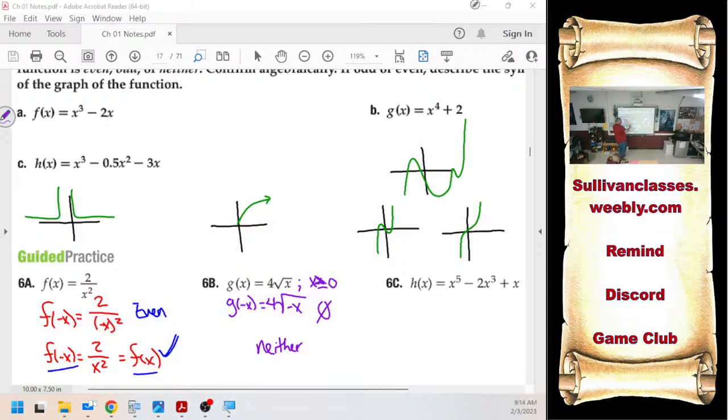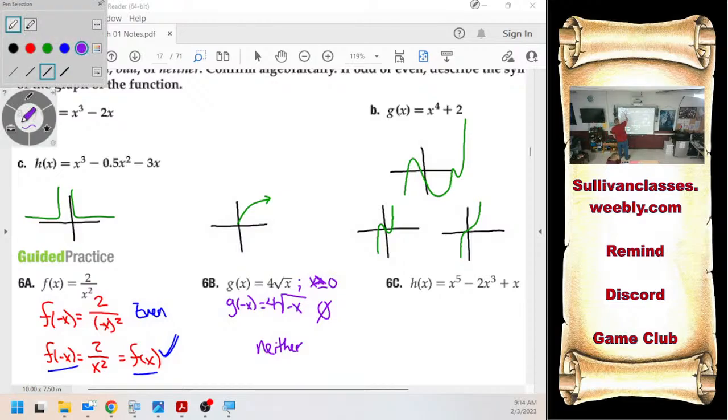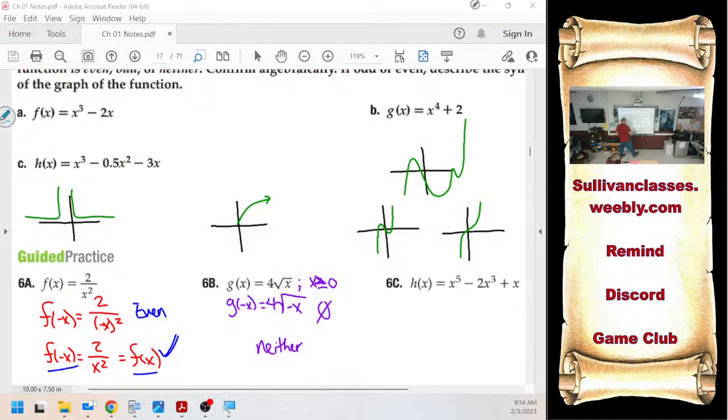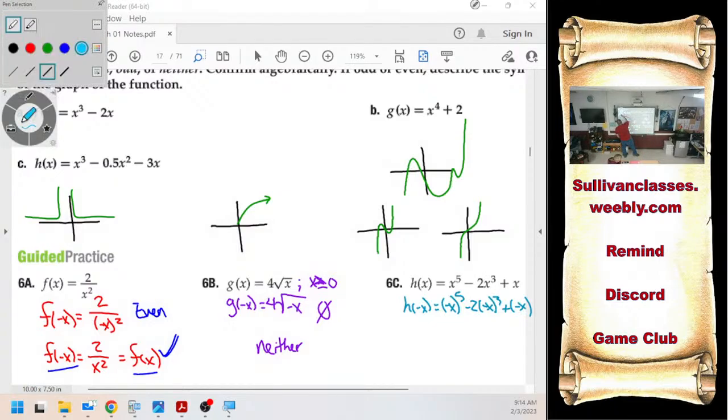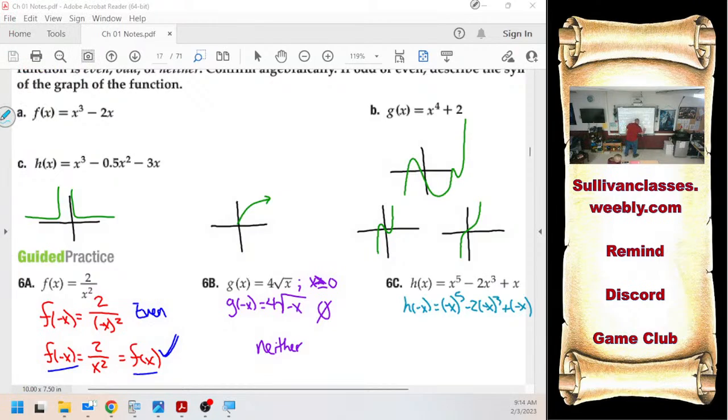And that one, you said it looked symmetric to the origin? Yeah. So let's give it a whirl. I'd say h of negative x is negative x to the 5th minus 2 negative x to the 3rd plus negative x. Okay, everything's going to switch. So negative x to the 5th plus 2x to the 3rd minus x.